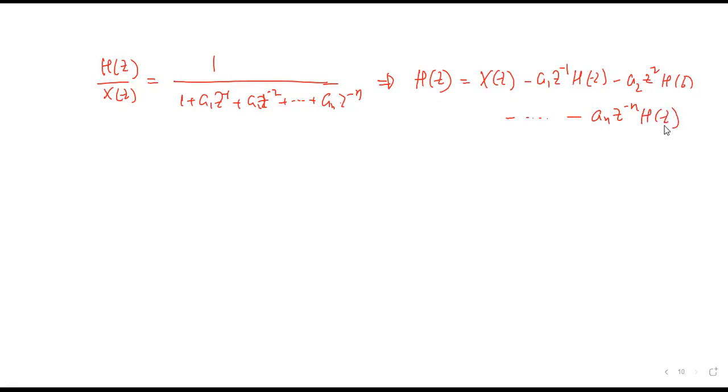So now how do we represent this one? Basically, you need to have a summing junction where your X(z) will be coming in, and on the other side you will have H(z) with lots of delay elements, n number of them.